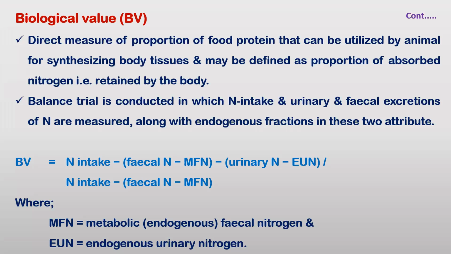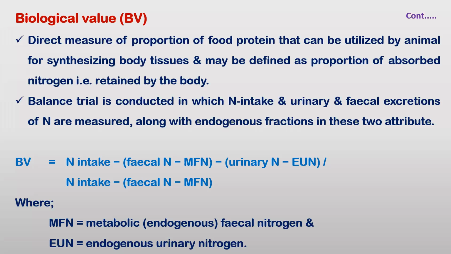So biological value is equal to nitrogen intake minus fecal nitrogen minus metabolic fecal nitrogen minus urinary nitrogen minus endogenous urinary nitrogen, divided by nitrogen intake minus fecal nitrogen minus metabolic fecal nitrogen. By this formula, we can calculate the biological value of a particular diet in a particular species.